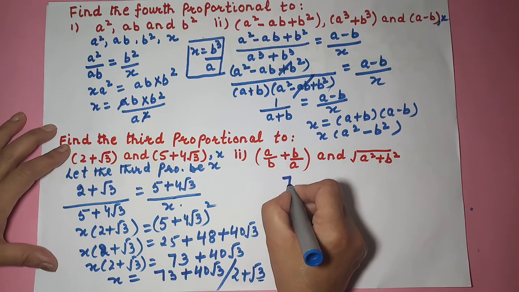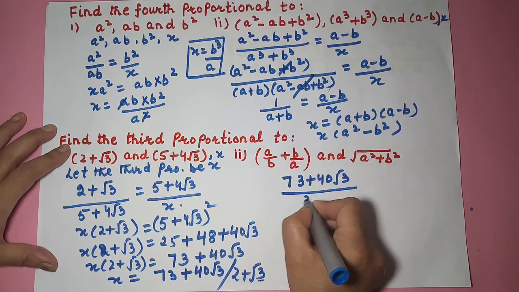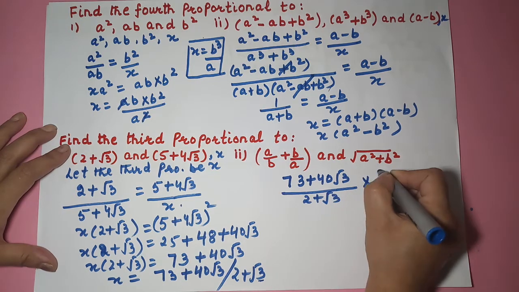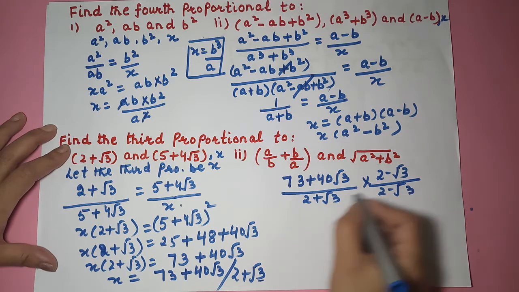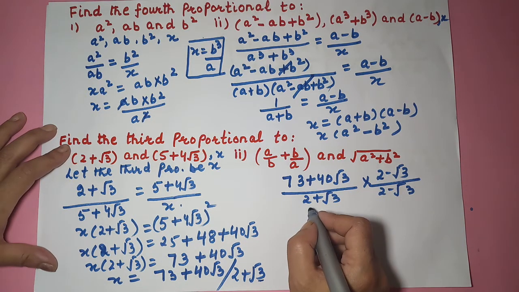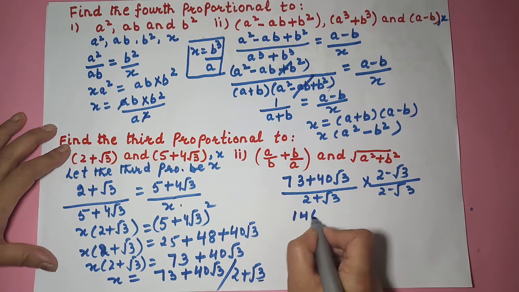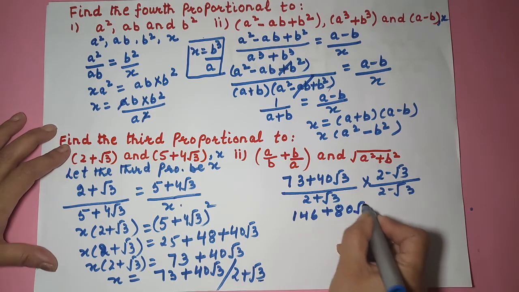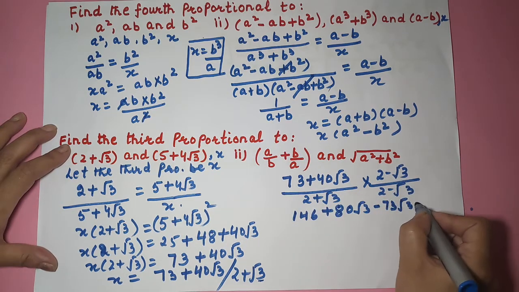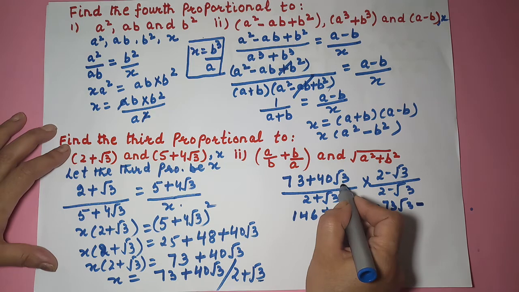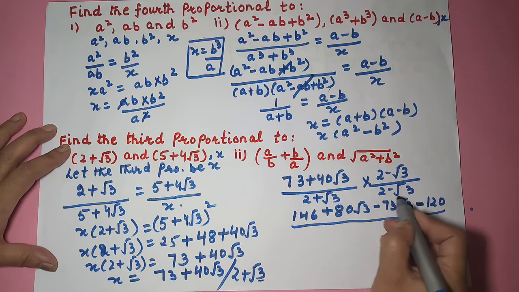Okay, let's rationalize this. So, we have 73 plus 40 root 3 upon 2 plus root 3 into 2 minus root 3 upon 2 minus root 3. So it becomes, let's multiply this, 73 into 2 is 146 plus 80 root 3 minus 73 root 3 and minus root 3 into root 3 is 3. 3 into 40 is 120, divided by, this becomes a plus b into a minus b.